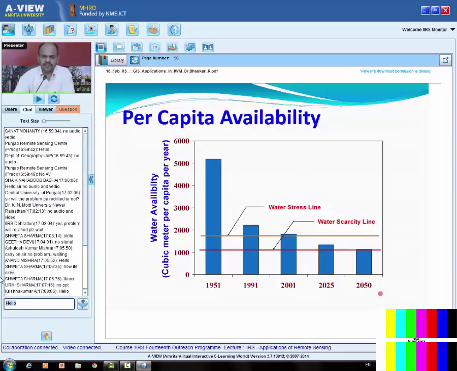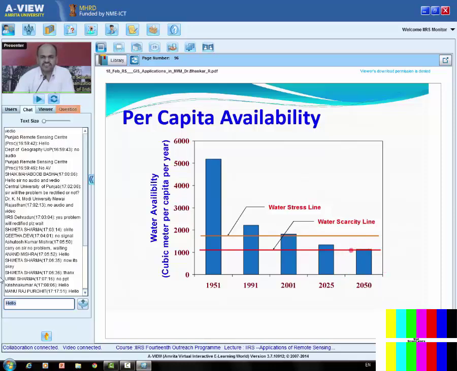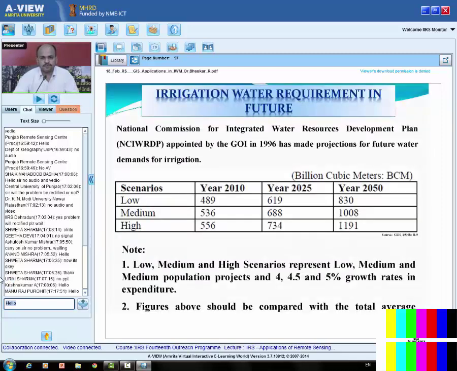But on the contrary, by 2050, per capita water availability will just touch the water scarcity line. Something around 1,100 cubic meters is the water scarcity scenario, and we will touch that by 2050 because the available water resource for our country is limited.